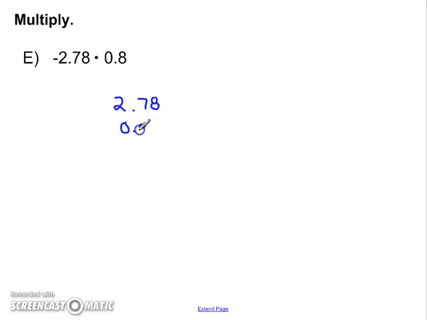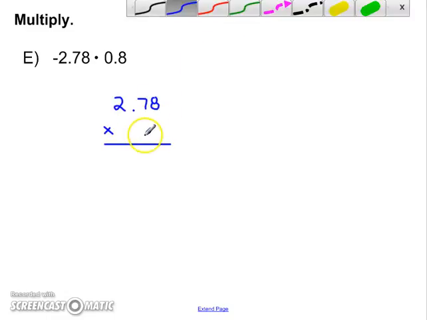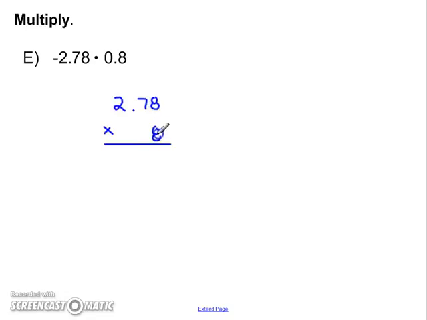And 2 and 78 hundredths times 0.08. And you'll notice here I lined up the decimals when I didn't have to. And actually, I'm going to go ahead and rewrite them because that's going to throw some people off if I don't. Because when they're lining up their numbers and so on, it may throw their columns off. In this case, though, we're only multiplying basically through once.